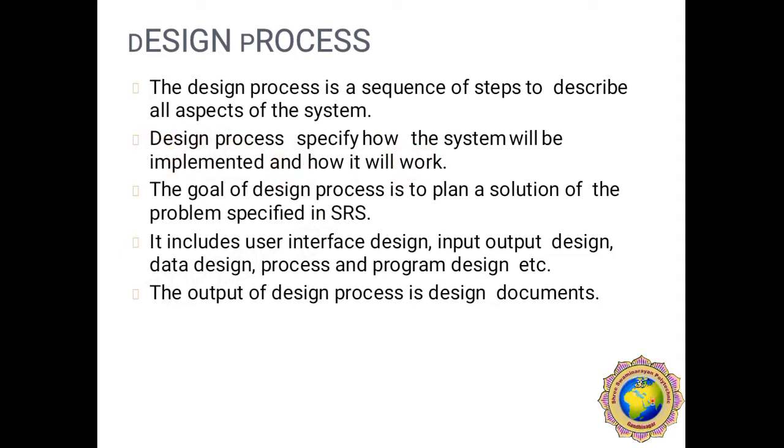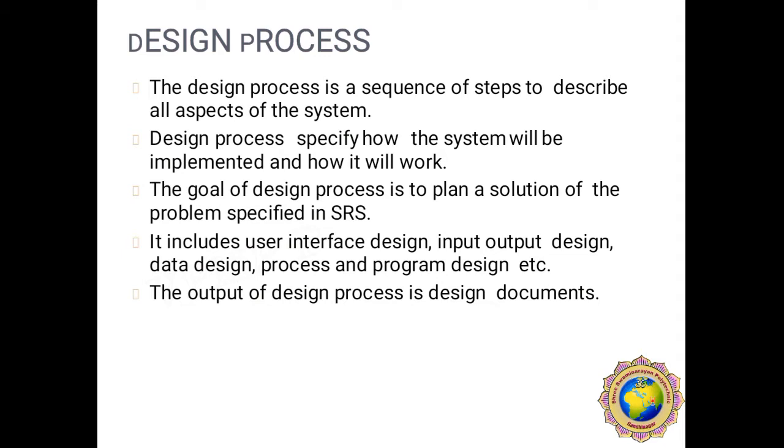So the goal of the design process is to plan a solution of the problem specified in the system as well as software requirement specification. So it includes user interface design, input, output design, data design, process and program design, etc.